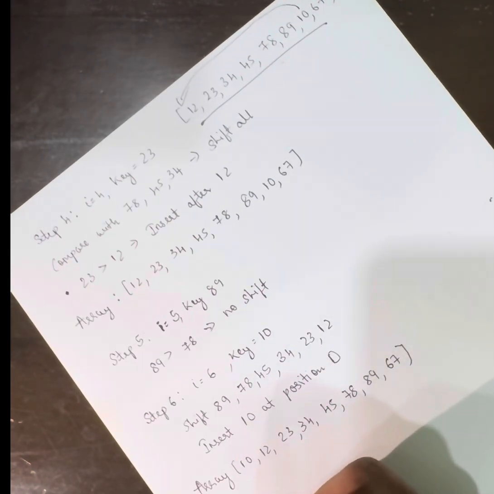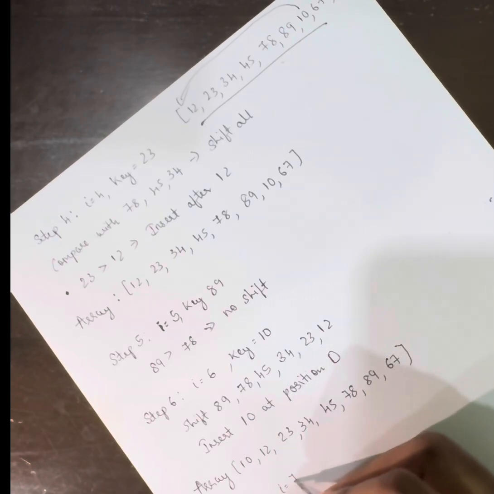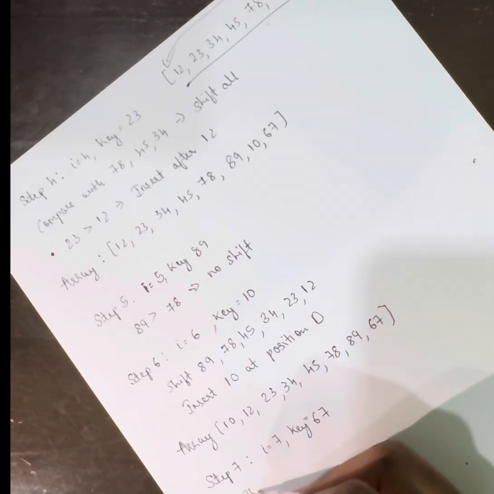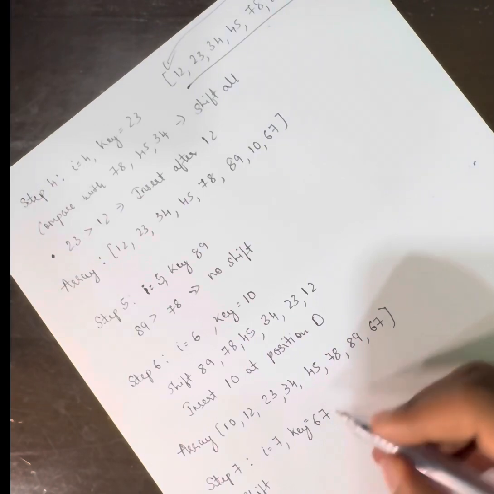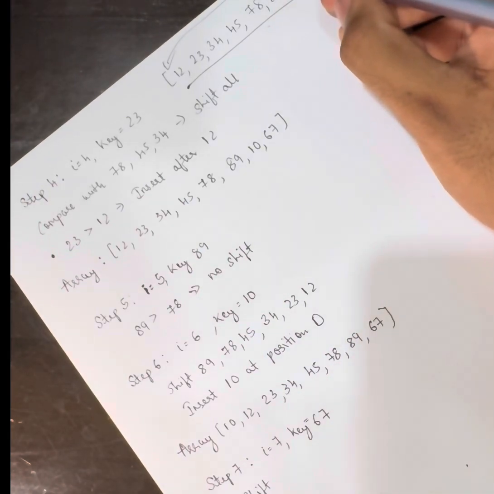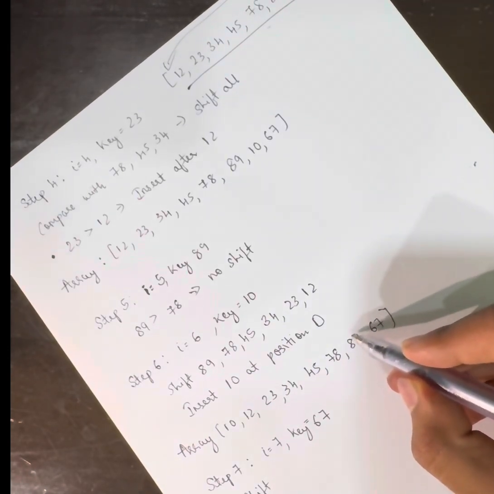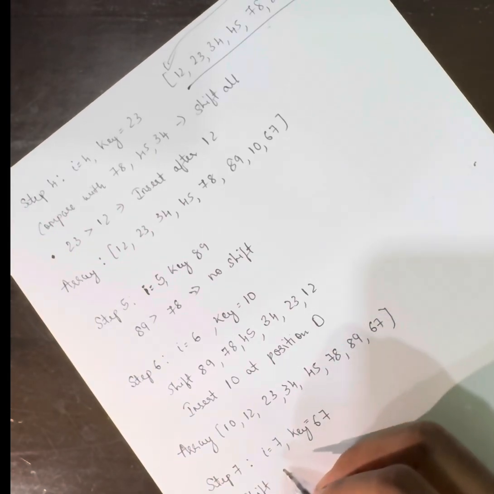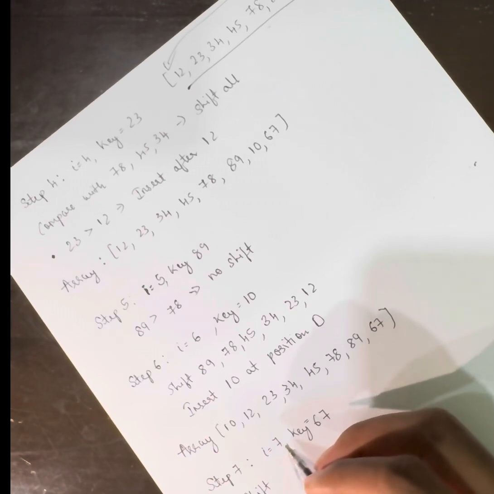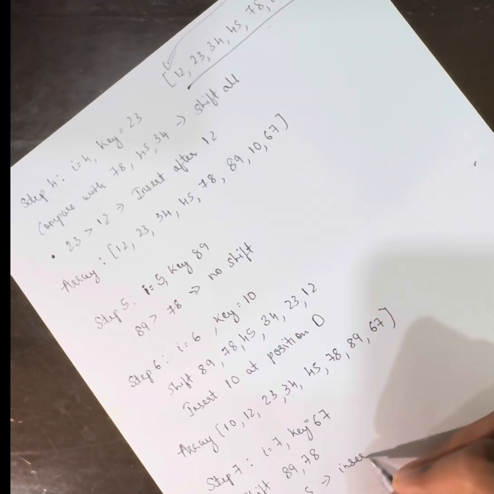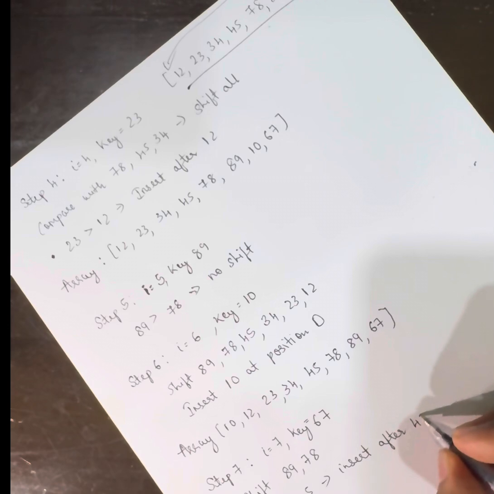Now step 7, i is equal to 7, key is the last element 67. 67 is greater than 10. 67 is less than 89 and less than 78, so we'll shift two positions, 89 and 78. 67 is greater than 45, so it will be inserted after 45.